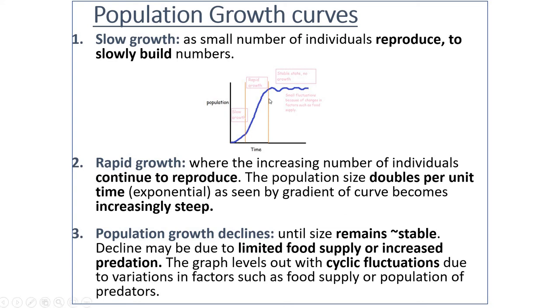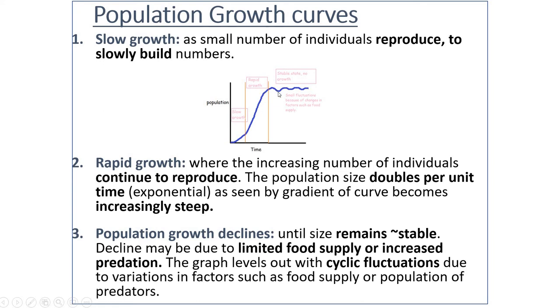Then you've got the rapid growth or exponential growth phase, where the increasing number of individuals continue to reproduce. The population size doubles per unit time, which is exponential growth, and you can see that because the gradient of the curve becomes increasingly steep.